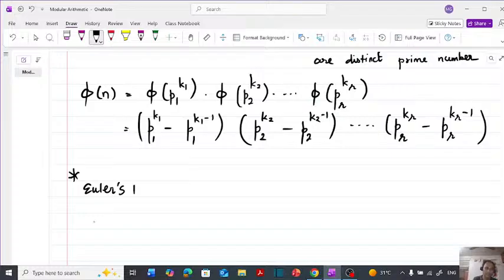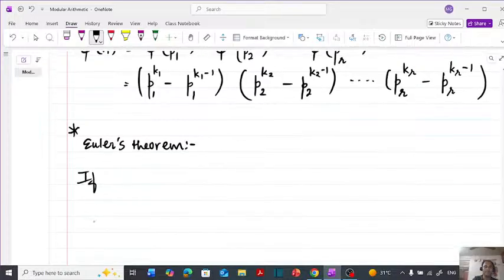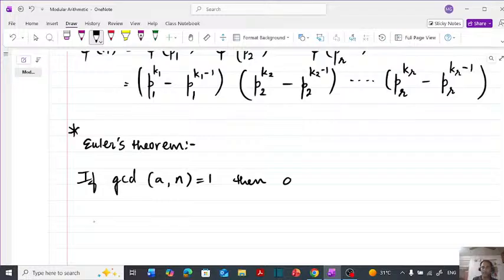Okay, so if you have the GCD of a number a and n as 1, then a to the power phi n is 1 mod n. This is 1 mod n you have here.